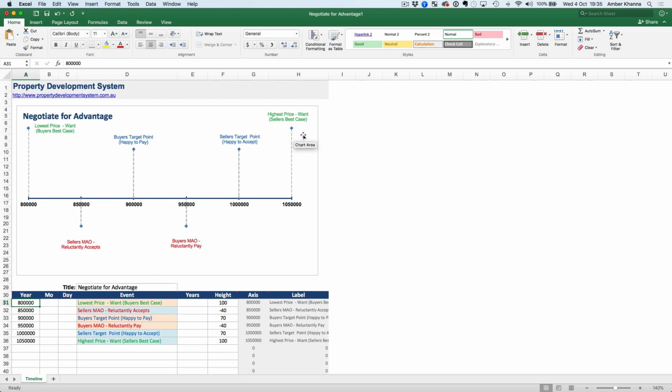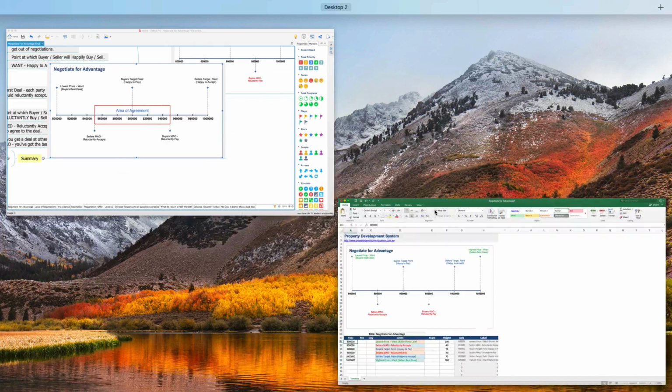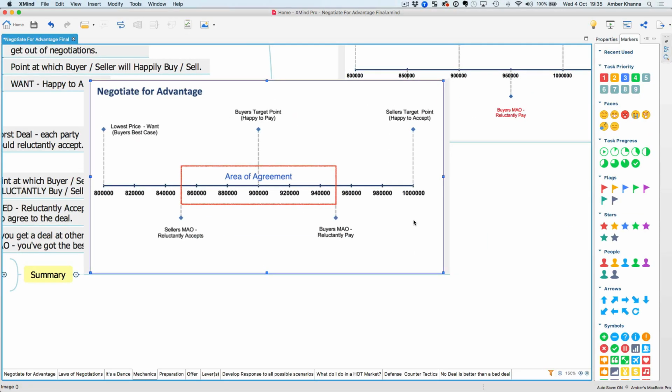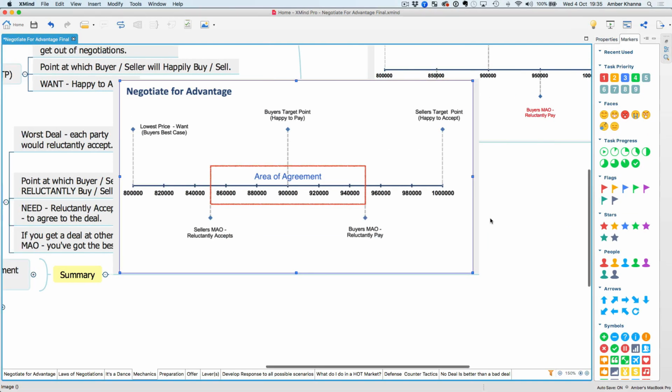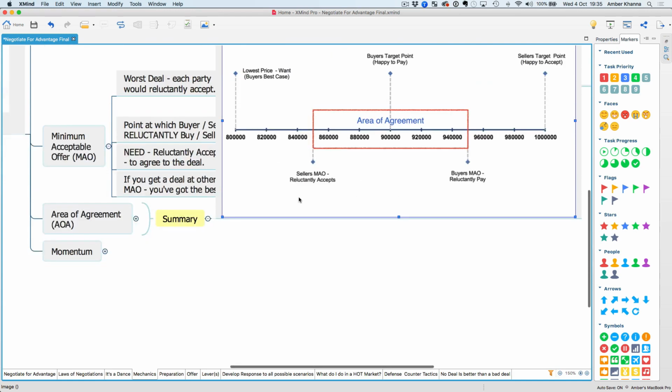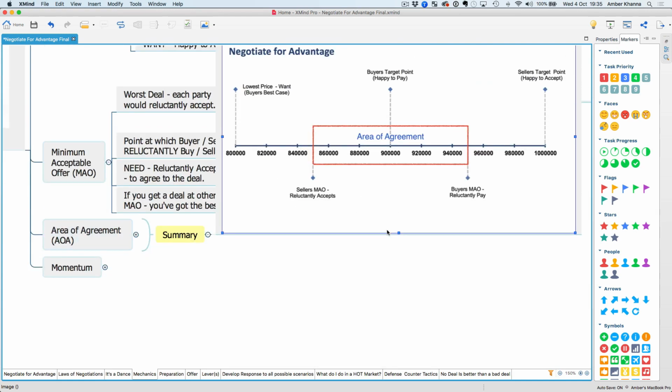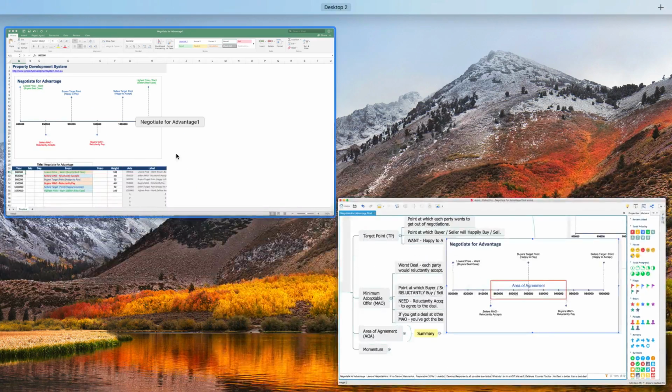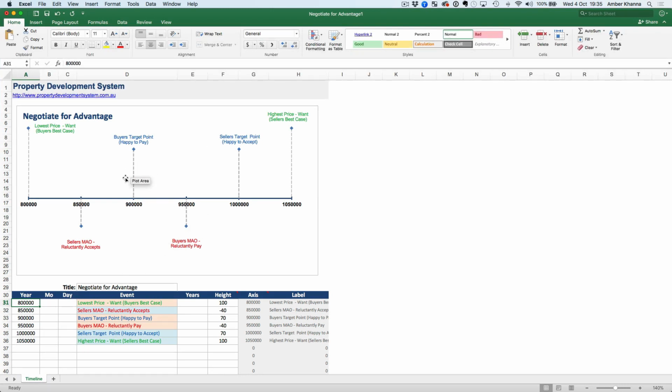No, sorry, this is then the seller's target point. I think I've made a mistake here, but I'll get back to this.